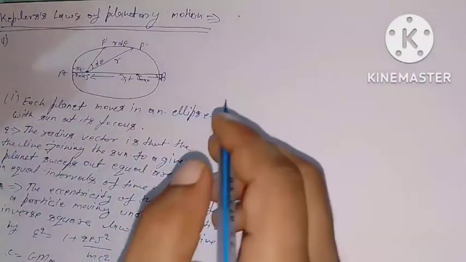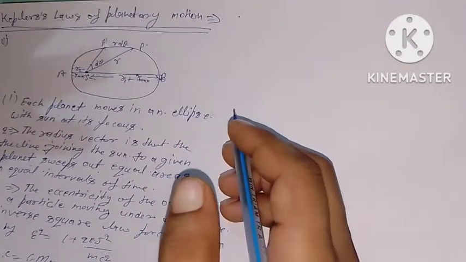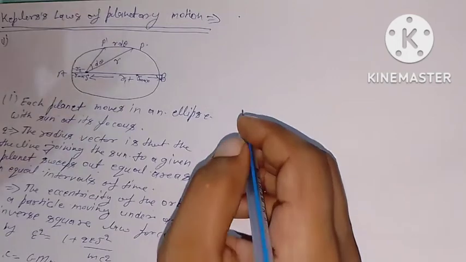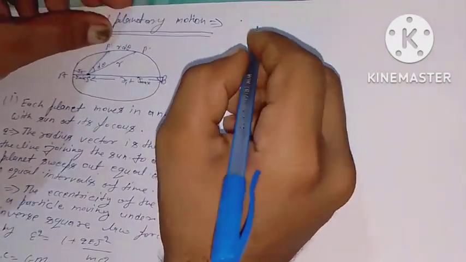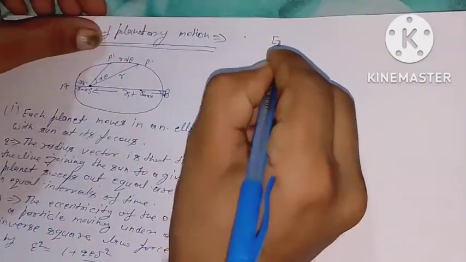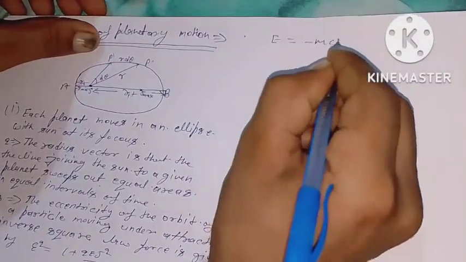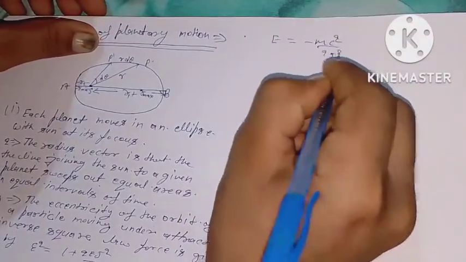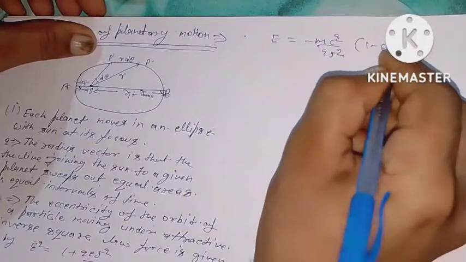We will go through equation number 1. Capital E equal to minus m c square upon 2 J square, 1 minus epsilon square.